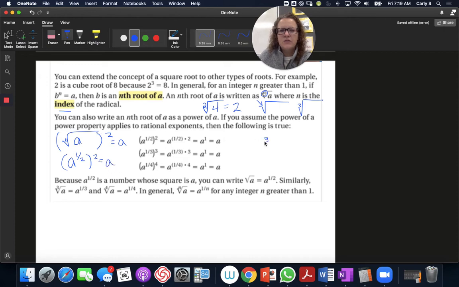If I have a cube root of a and I cube it, that equals a because it's the same as a to the 1/3 cubed. I can write my radicals as exponential functions, okay?